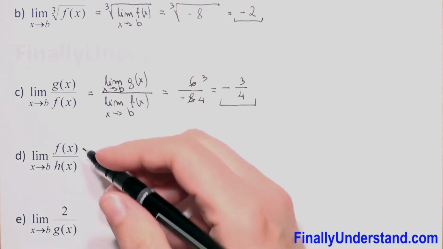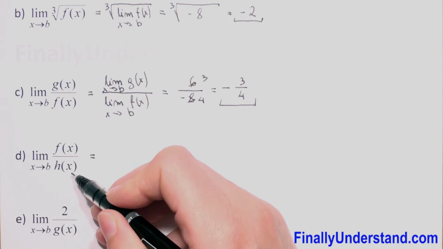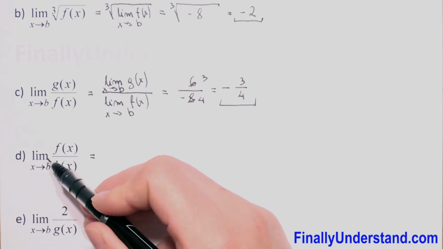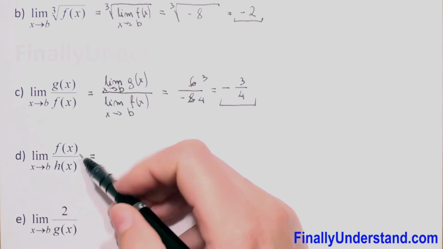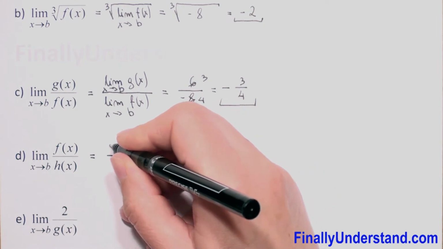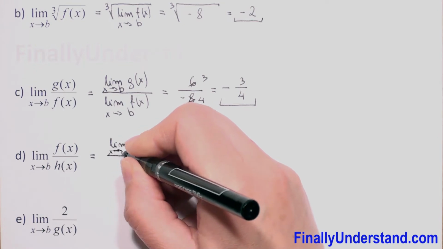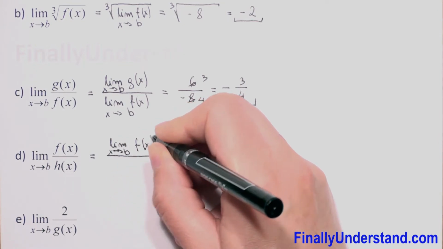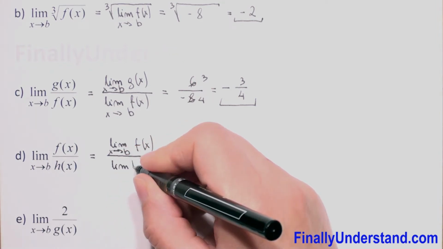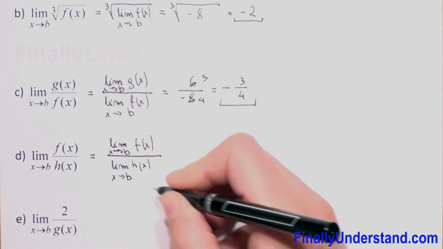Now we have to find the limit of f of x over h of x as x approaches b. Again, we will use properties of limits, and we will rewrite this as, in the numerator, the limit as x approaches b of f of x, and in the denominator we will have the limit of h of x as x approaches b.